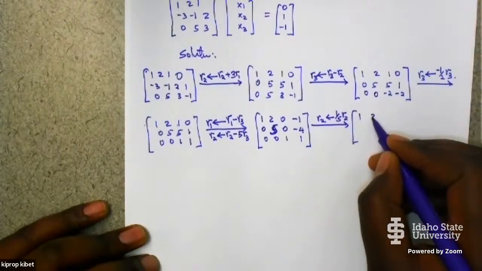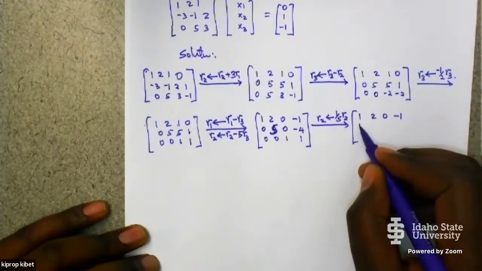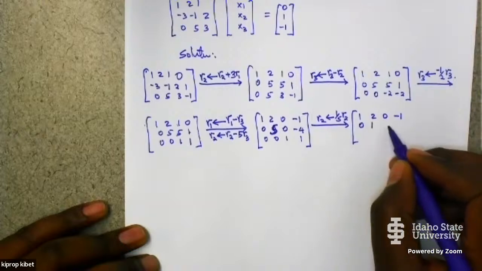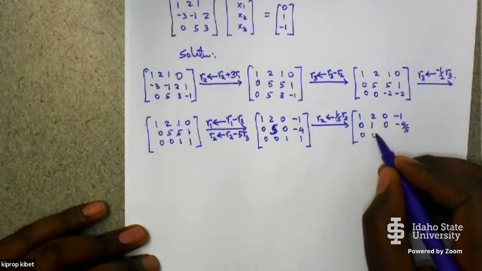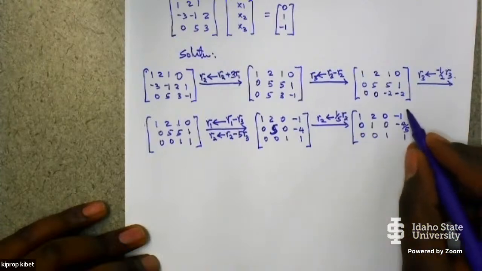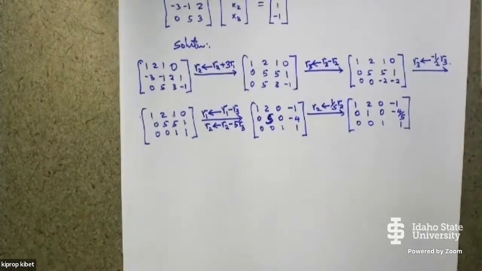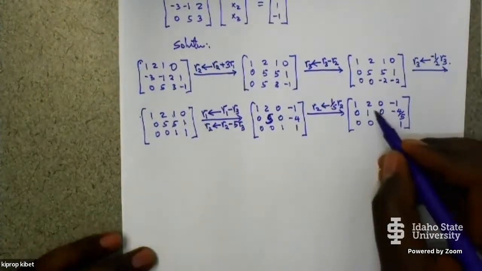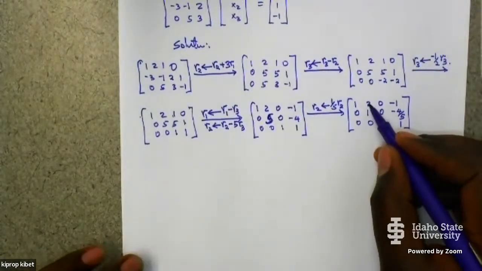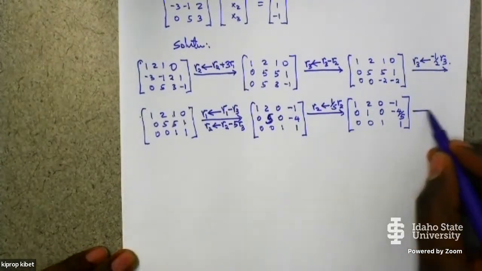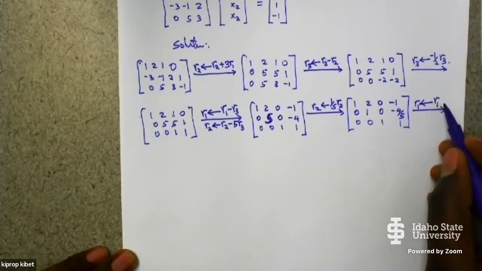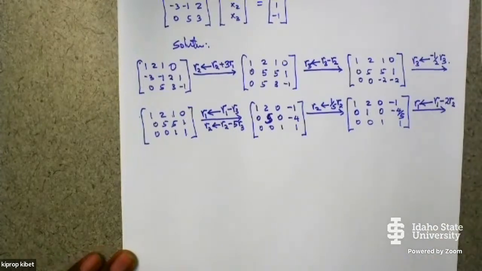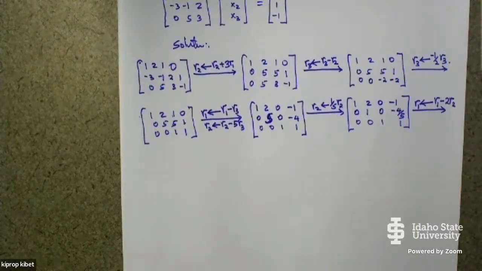So it will be 0, 1, 0, then -4/5. And this is 0, 0, 1, and 1. Now we want to make this one 0, so our new R1 should be R1 minus 2 R2.